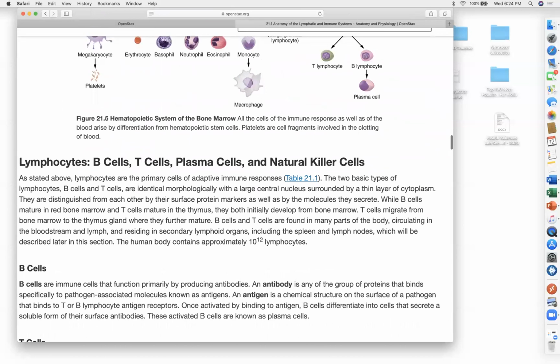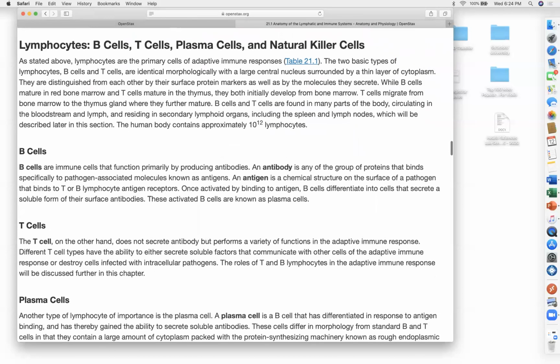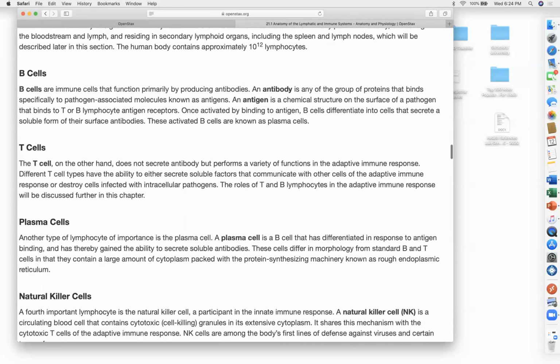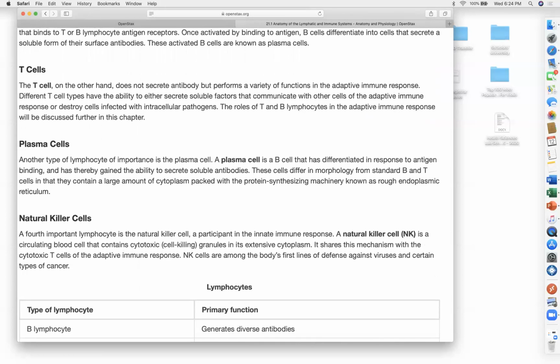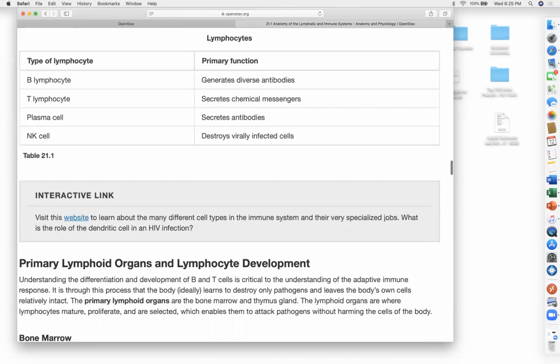So B cells, when they develop, make a plasma cell, and then they make antibodies. And T cells, you have T helper cells and T killer cells, and we're going to talk about their role momentarily. And of course, NK cells, natural killer cells, are also part of the agranulocyte family.